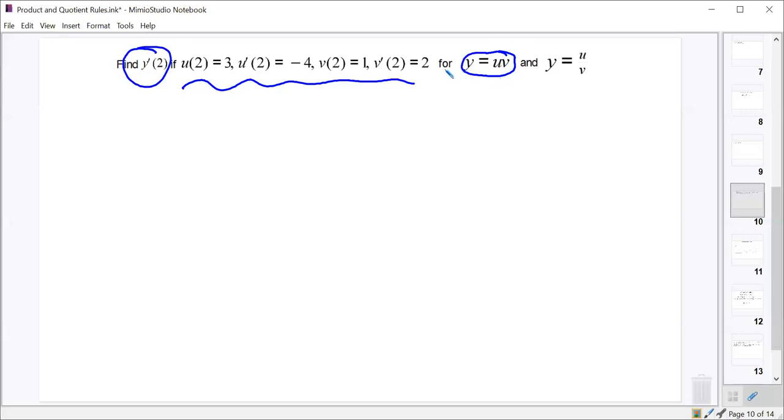And so no, it's specific to these actual values that are given to us. Does that make sense? Okay, cool. So if we're looking for the derivative of u times v, what rule should we use to find that?